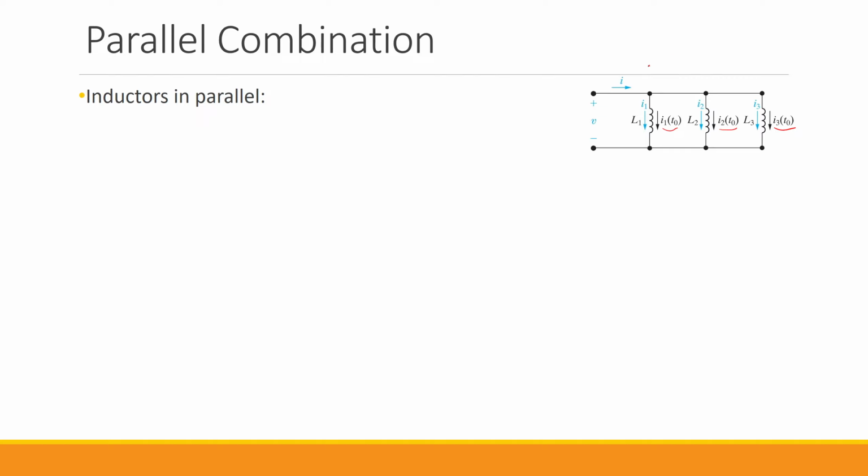What we want to do is see, if we put this all inside the black box, what is the terminal behavior of this black box. More specifically, what is the relationship between the voltage between these two terminals and the current that enters the black box.